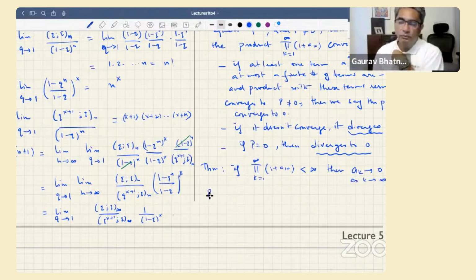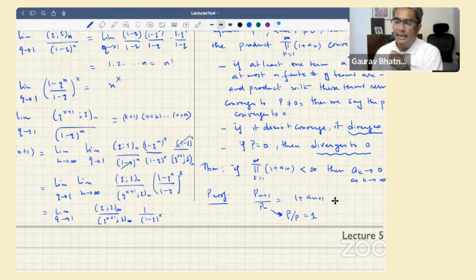The proof is very easy. We consider P_{n+1} over P_n, the partial products, and that's equal to 1 plus a_{n+1}. And if the product converges to something non-zero, this goes to P over P, which is 1. So this implies that a_{n+1} goes to 0.